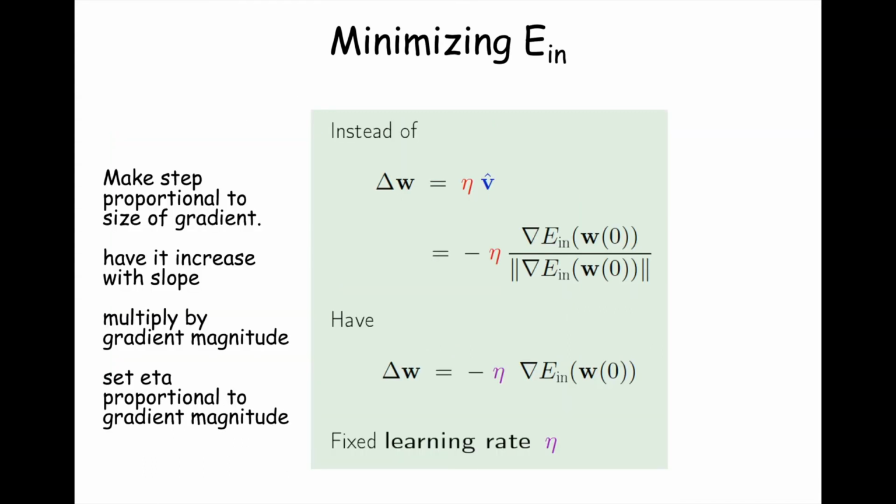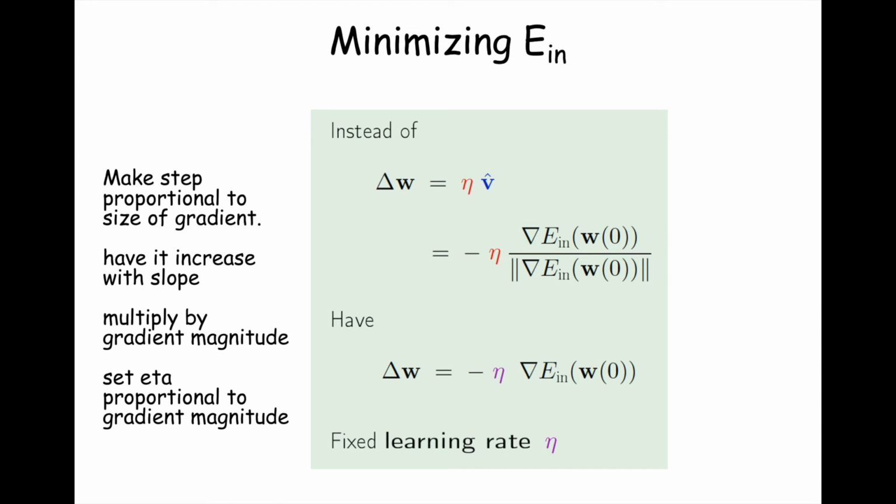All right. So now our step size, instead of taking a step of size eta to change our W, because essentially we take W naught and we add some delta W. And that delta W is some step eta in the direction of V hat, right? And so what does that look like? Well, we know what V hat looks like.